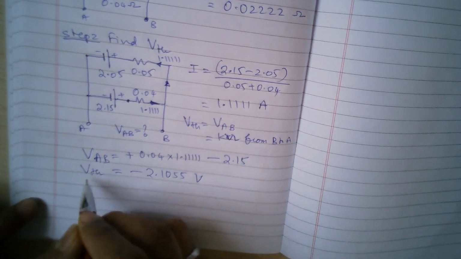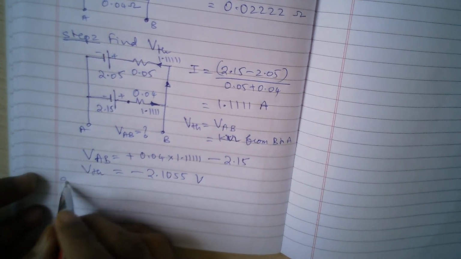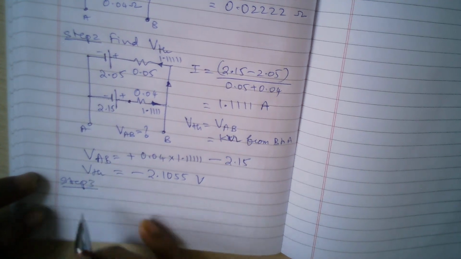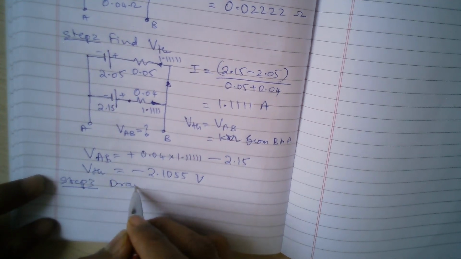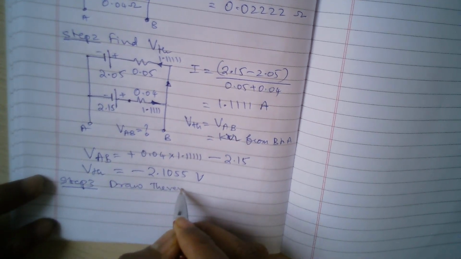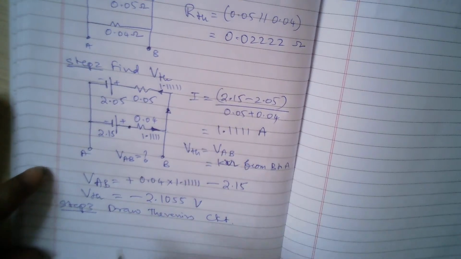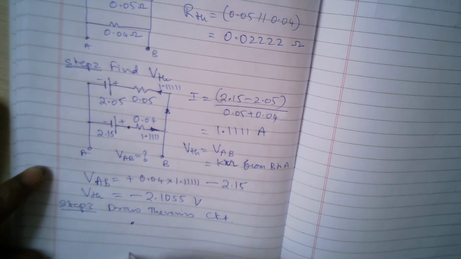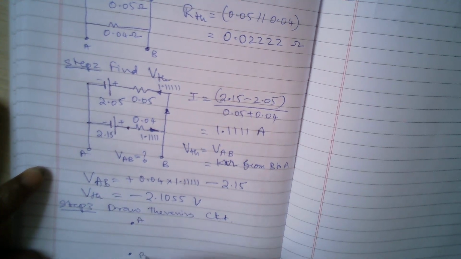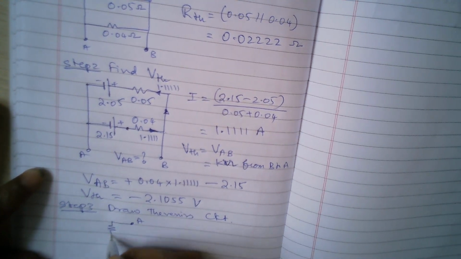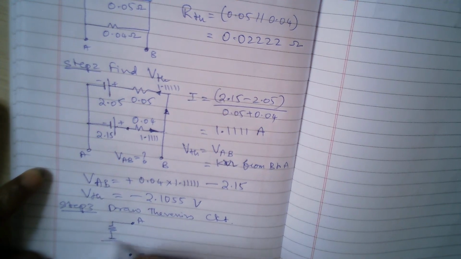So VTH equals minus 2.1055 volts. Now step 3 is we draw Thevenin's equivalent circuit. So how to draw the Thevenin's circuit? We have these points A and B, and here we have a source like this.